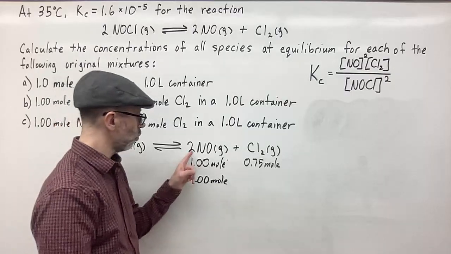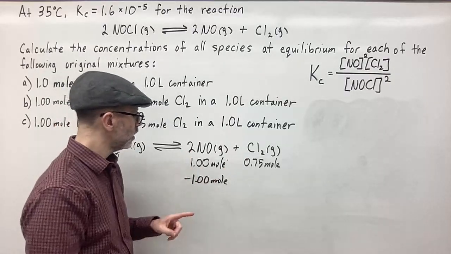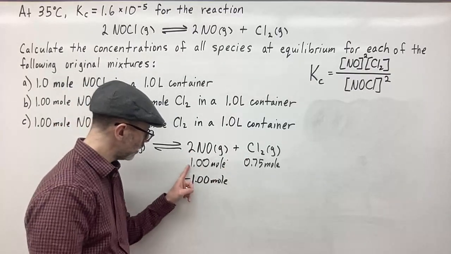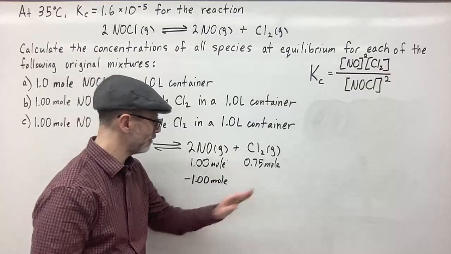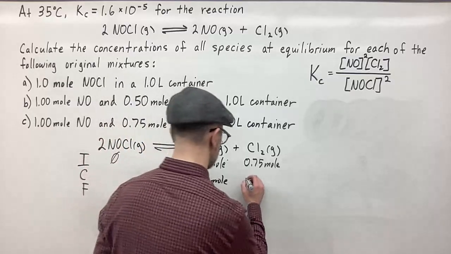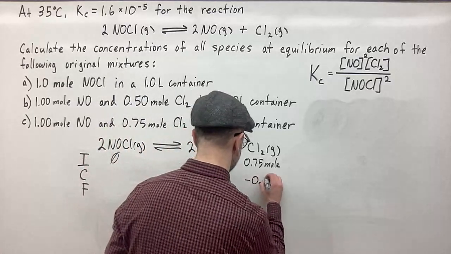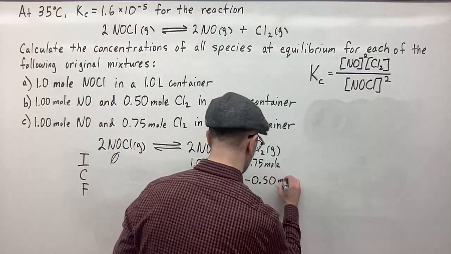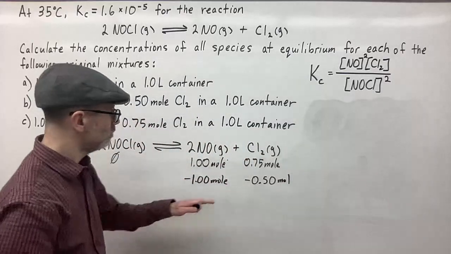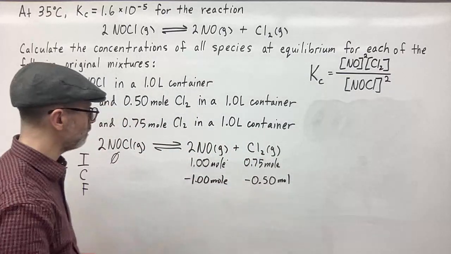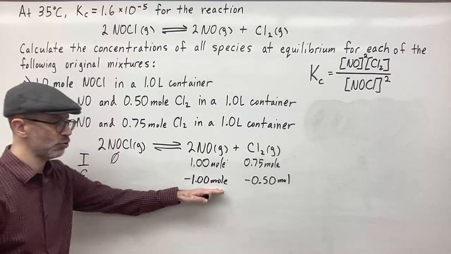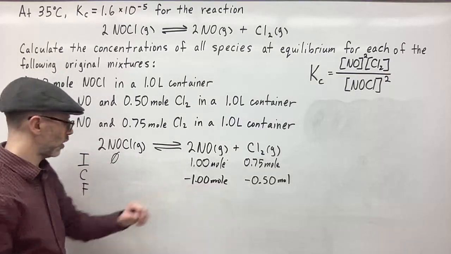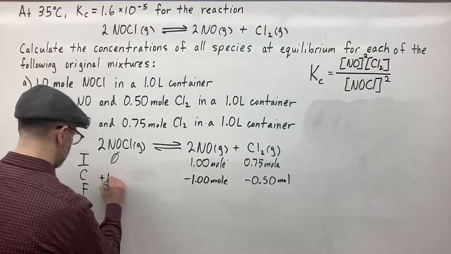Because 1 is half of 2, if I lose 1, then I'm going to lose half of that amount of Cl2. So I'm going to lose 0.50 moles of Cl2. And by the same reasoning, since it's 2-to-2, it's a 1-to-1 ratio. So if I lose 1 mole here, I'm going to gain 1 mole here.